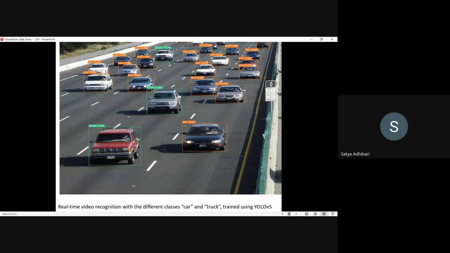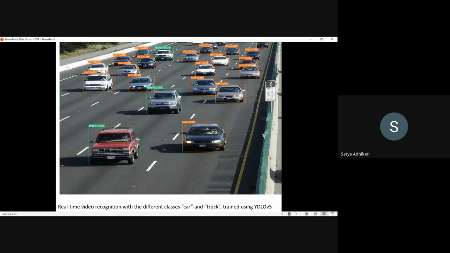You see here, real-time video recognition with different cars and trucks, using the YOLO detector. You see, there are different types of vehicles.